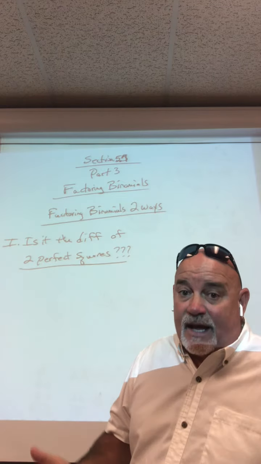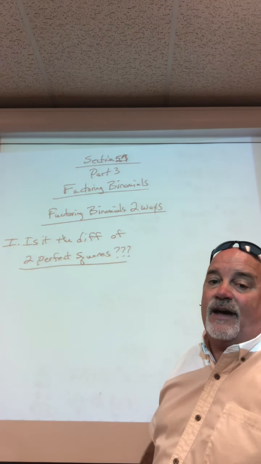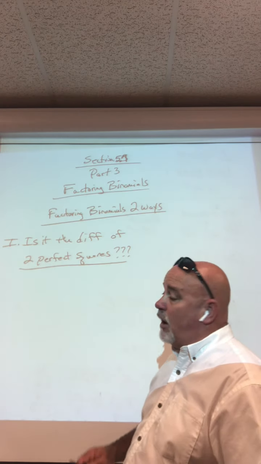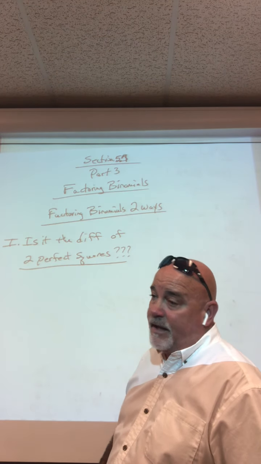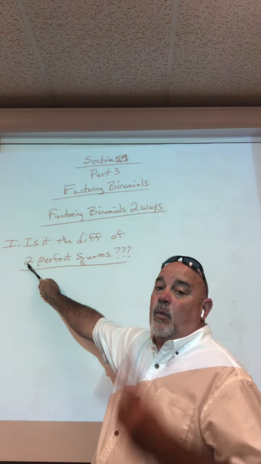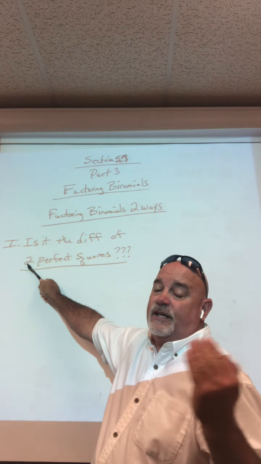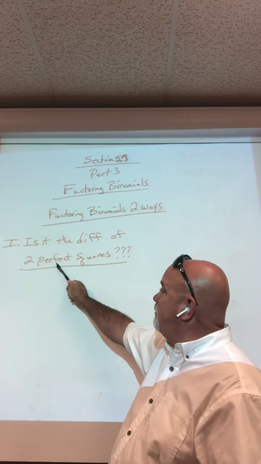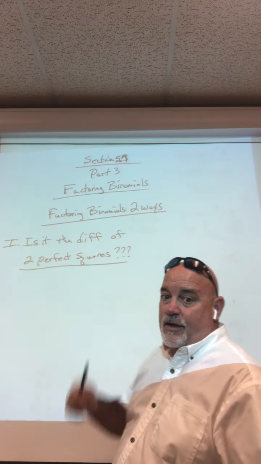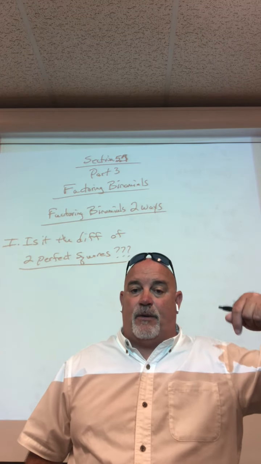Now, how can I tell if the answer to this is yes? Let's break this down. First of all, how many terms are going to be in it? Two. It's a binomial. What are both of these terms going to have to be? Perfect squares. So the first term's got to be a perfect square, and the last term's got to be a perfect square.